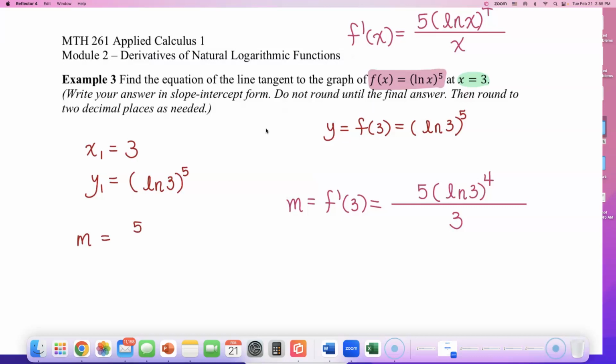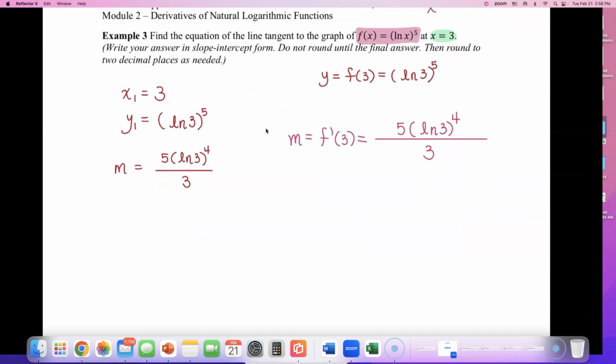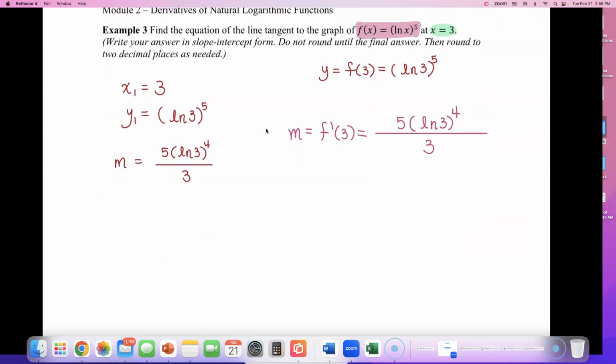So slope is 5 ln 3 raised to the 4th over 3. They want the slope-intercept form, huh? All right, so I will do point slope, and then I will distribute and add the y value to write the equation, okay? So point slope form goes like y minus y1 equals m times x minus x1.